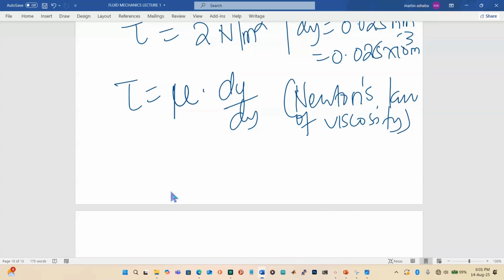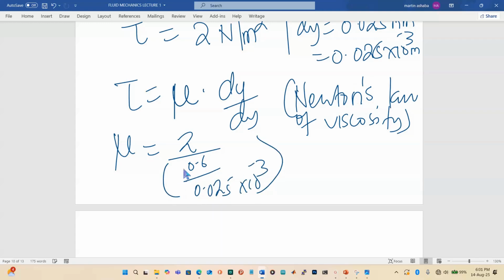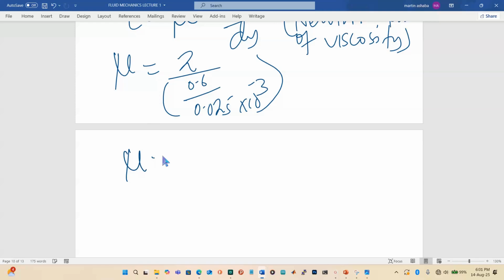So what does that mean? Here we are going to just substitute in and make nu the subject. So this is 2 divided by du over dy. Du is 0.6 divided by 0.025 times 10 power negative 3. And this obviously is going to give us, from my calculator, nu is 8.33 times 10 power negative 5, and this is in Newton second per square meter.